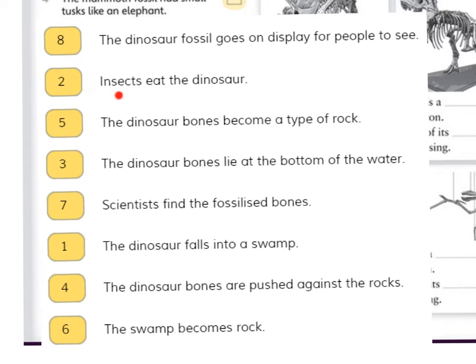Number 2, insects eat the dinosaur. 3, the dinosaur bones lie at the bottom of the water. 4, the dinosaur bones are pushed against the rocks. 5, the dinosaur bones become a type of rock. 6, the swamp becomes rock. 7, scientists find the fossilized bones. 8, the dinosaur fossil goes on display for people to see. Please correct in case you have any mistakes.